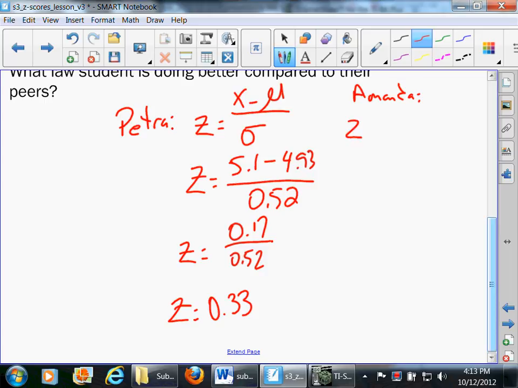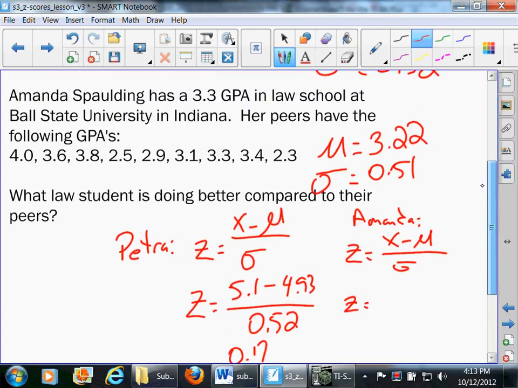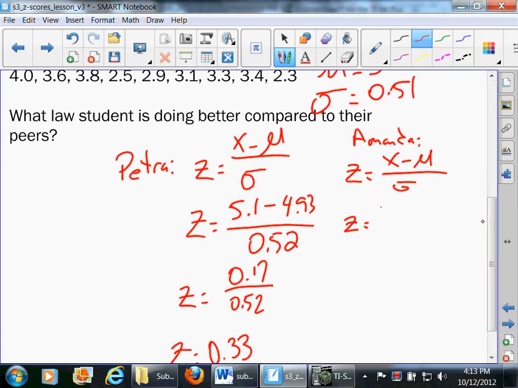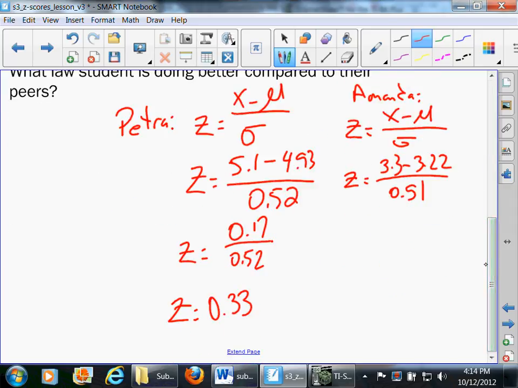Now let's do Amanda. Amanda is z equals x minus mu over sigma. So Amanda's GPA is 3.3 minus 3.22 divided by 0.51. So we get 0.08 divided by 0.51.